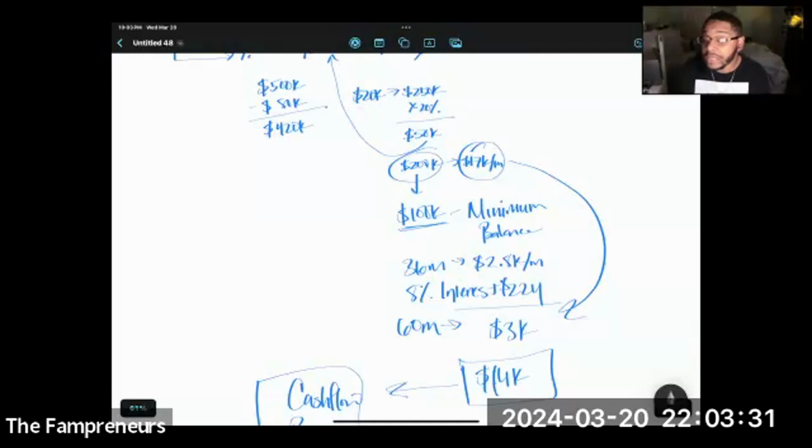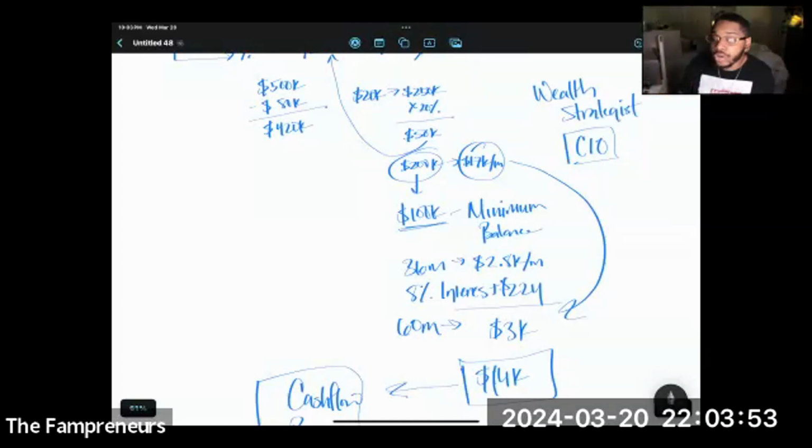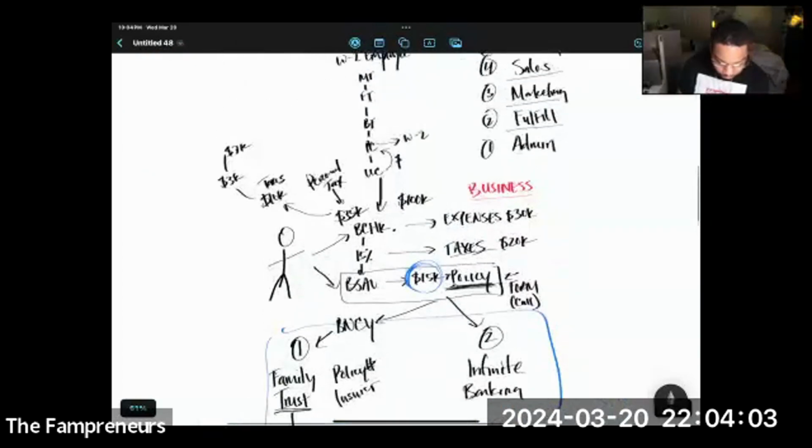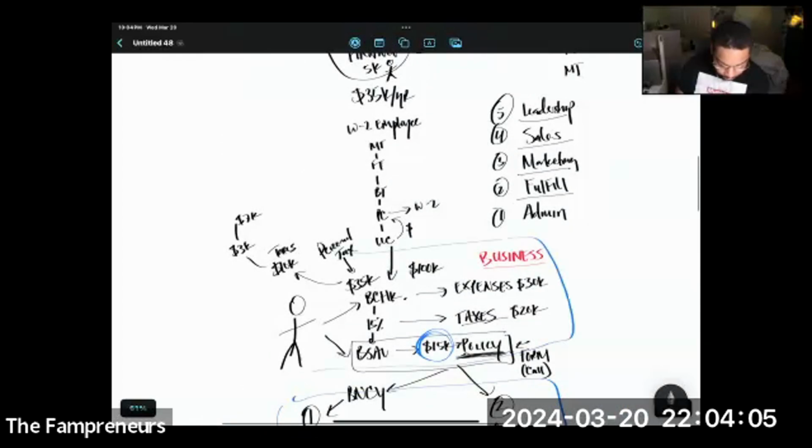But the key thing here is you would have a CIO within your family, which is called a chief investment officer, or another person called a wealth strategist. These are people you would hire internally within your family to manage all of this.